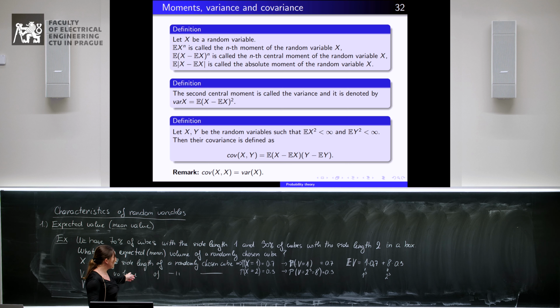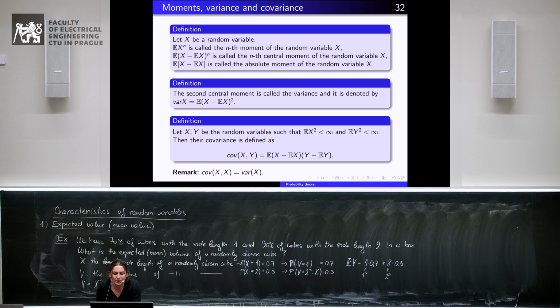And so in this case, when we calculated the expected value of the volume of the cubes, we in fact calculated the third moment of x, because we calculated the expected value of x powered by 3. So in general, the nth moment is the expected value of the nth power of x. It is just to help calculation in this lecture.